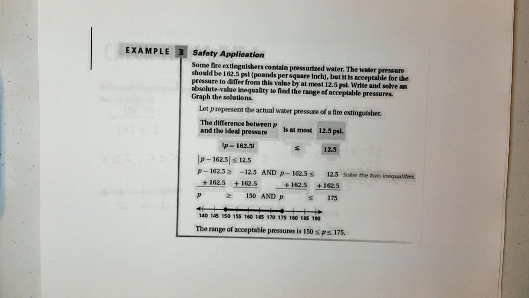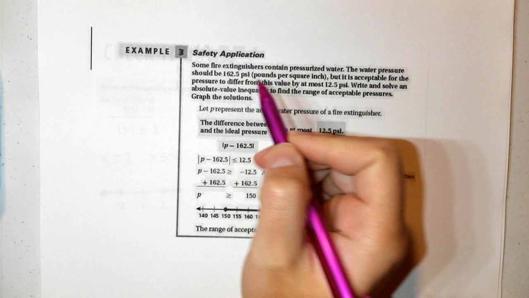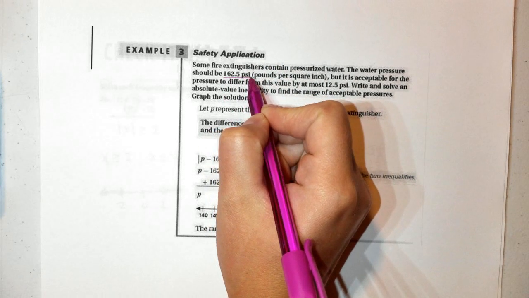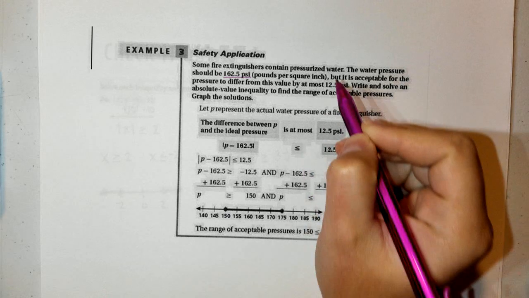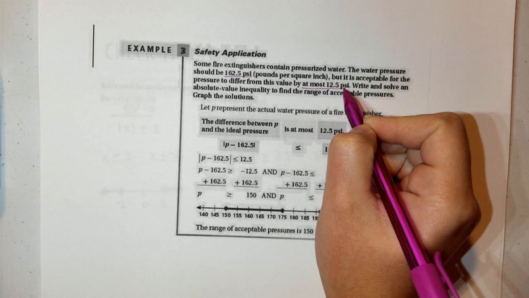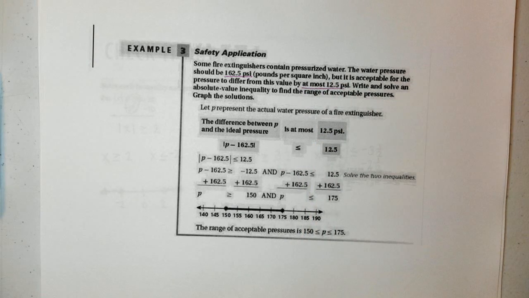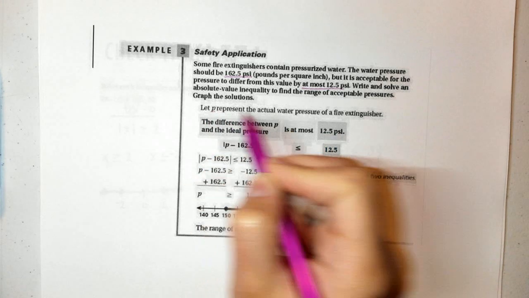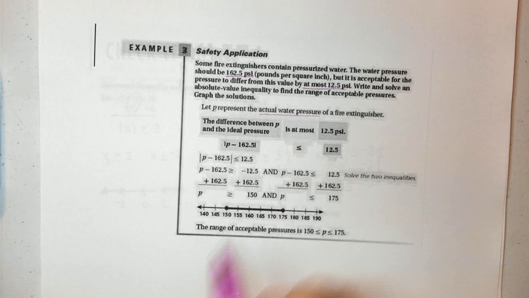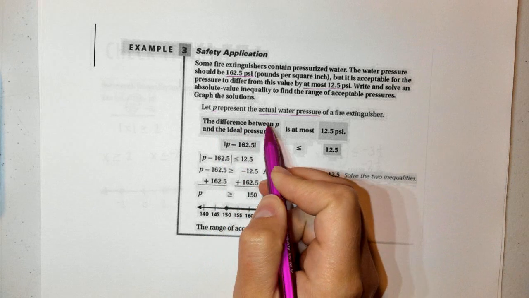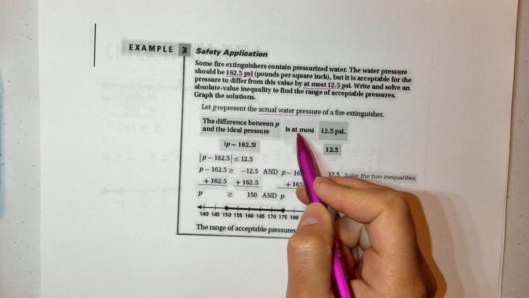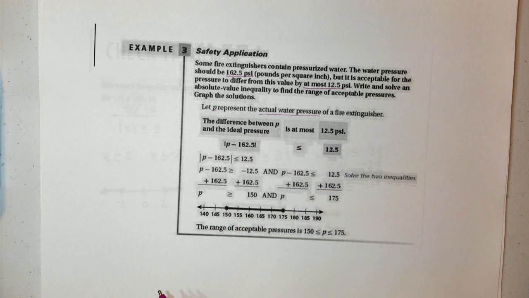Graph the solutions. So the water pressure should be 162.5 psi. It can differ by at most 12.5 psi. So we're going to let P represent the actual water pressure. So the difference between P and the ideal pressure is at most 12.5 psi.